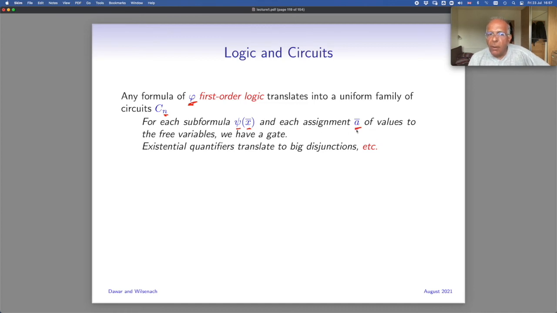Consider each assignment of values to the free variables. So I may as well assume that the elements of my structure are 1 up to n. That's the set. And if I have k free variables here, there are n to the k different ways I can assign values to the variables. For each one of those, I create a gate in the circuit.